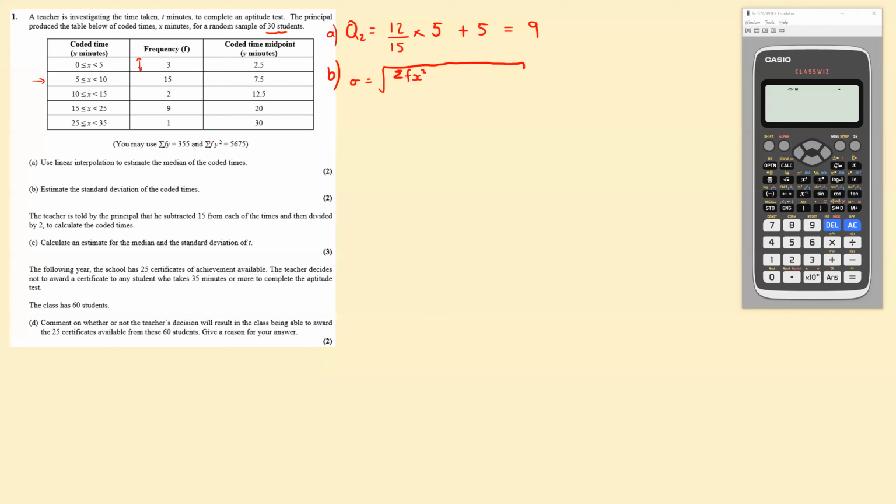It's actually called y in this one, I don't know why, because it's the coded times, divided by the sum of f, and then minus the sum of fx over sum of f, all squared.